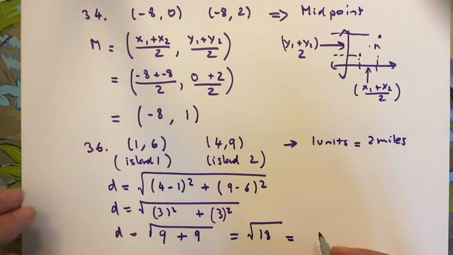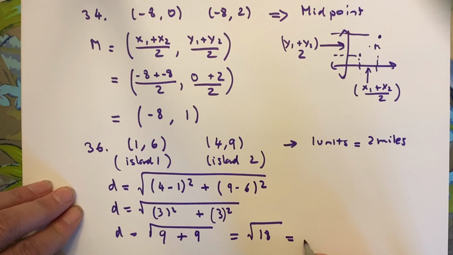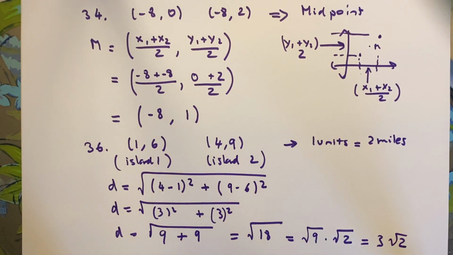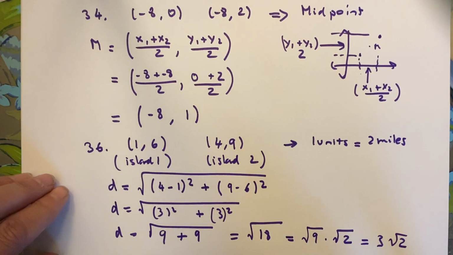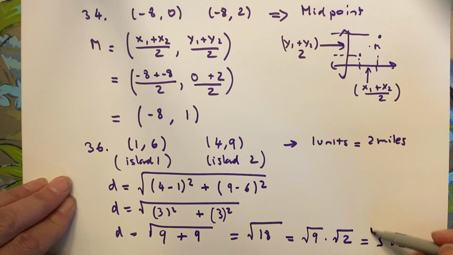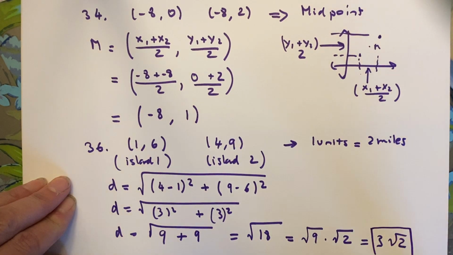Square root of 18, if I break it up so that I can see if I can pull any numbers out, is the square root of 9 times square root of 2. Well, I know the square root of 9 is 3, and my square root of 2 can't be broken down any further. So I know that my distance in units is 3 square root of 2, and I'm actually going to write the word units here so that I don't confuse matters.